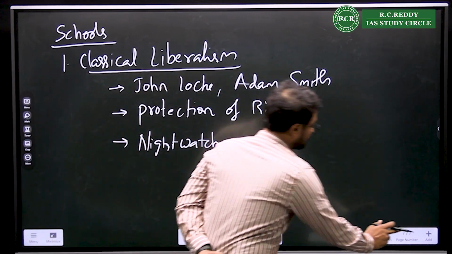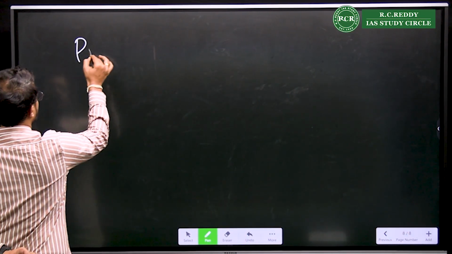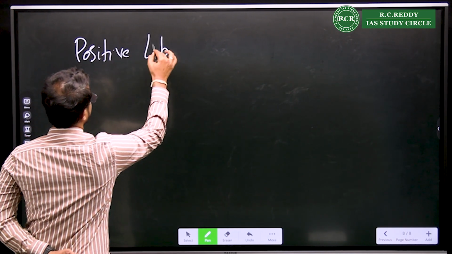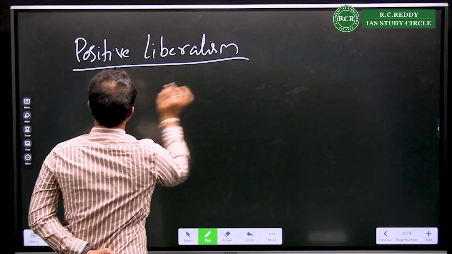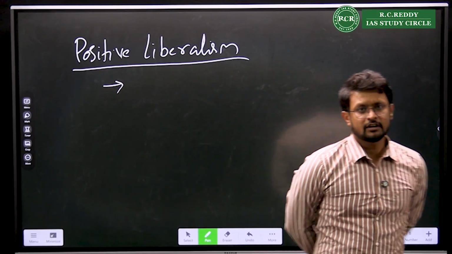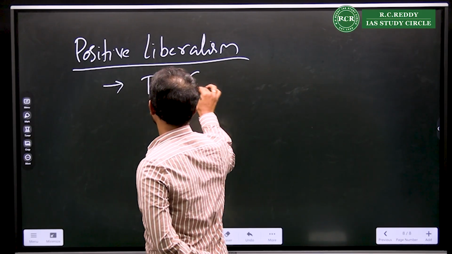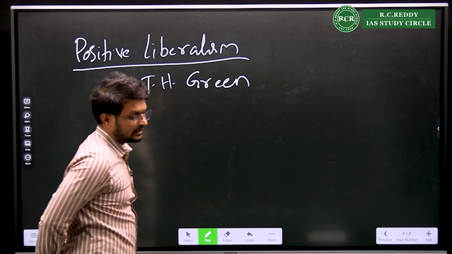The second important one, as I told you, that comes in the interwar period is positive liberalism, right? The positive liberalism given by scholars such as T.H. Green, right?